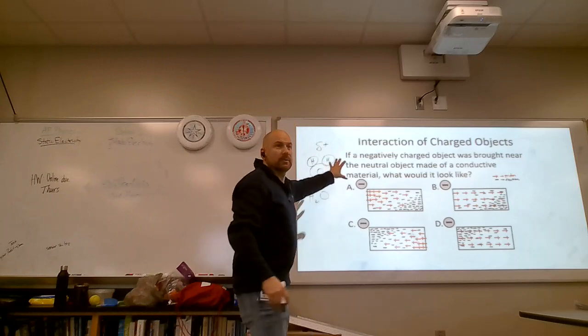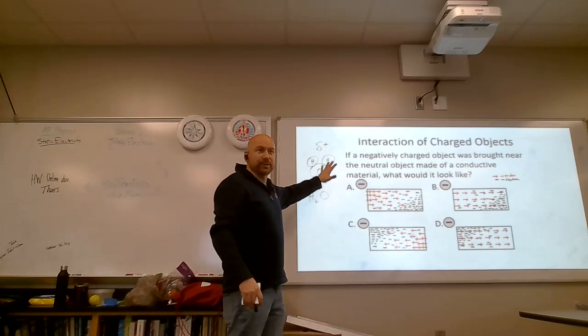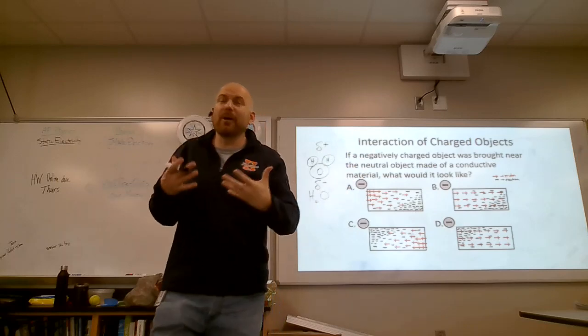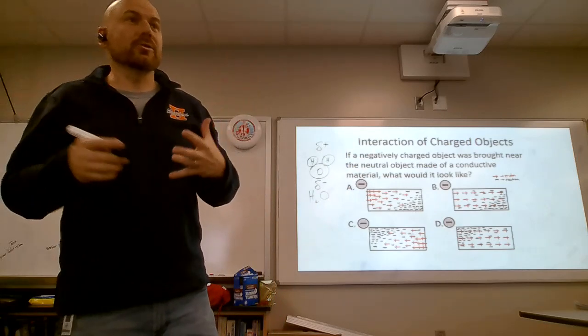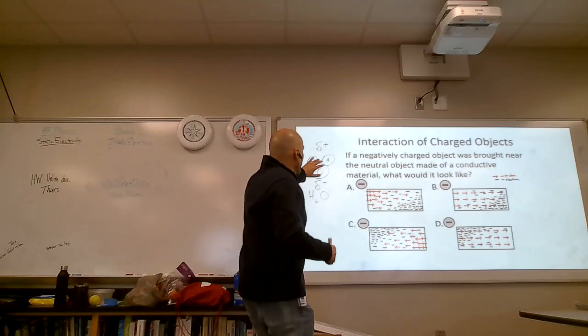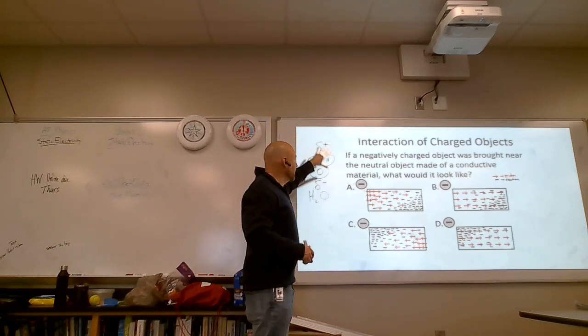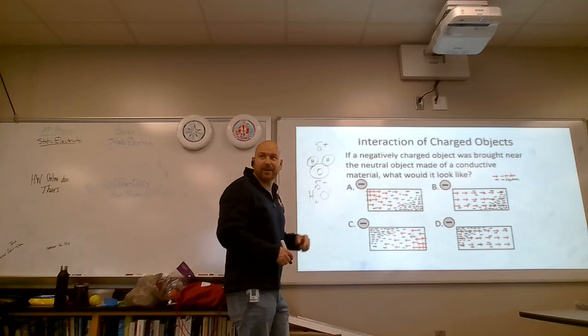Overall, it's neutral. All their valence shells are filled. They have the same number of protons and electrons. So overall, the molecule is neutral, but it has a positive side to it and a negative side to it. Those are the symbols we use for partially charged positive and partially charged negative.